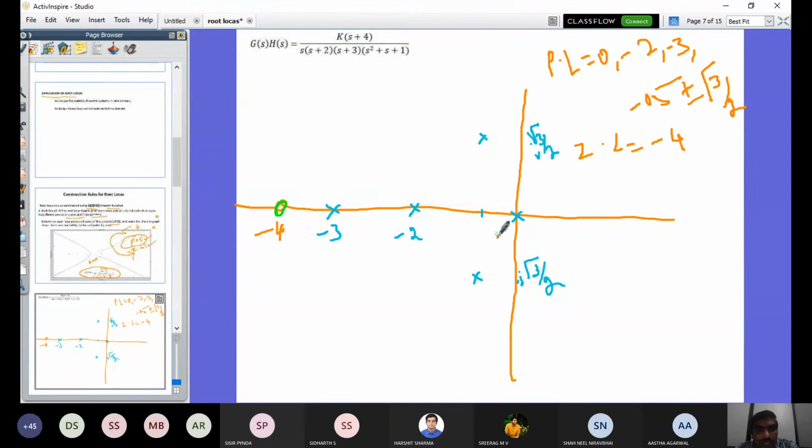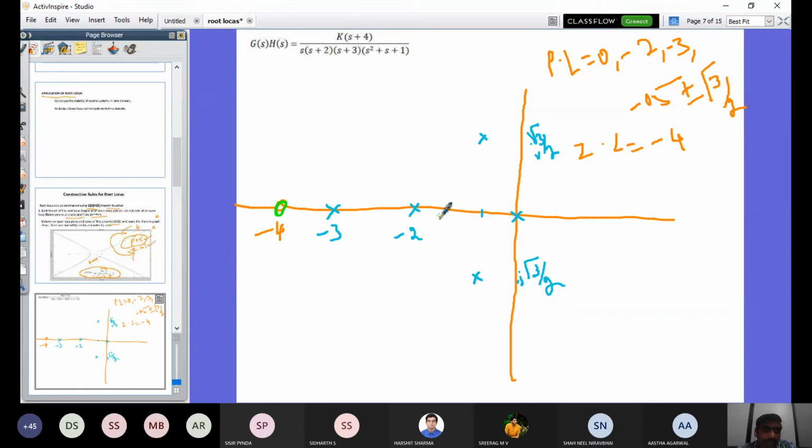If the number of poles and zeros in the right half of the segment is odd, then that segment will be part of the root locus.